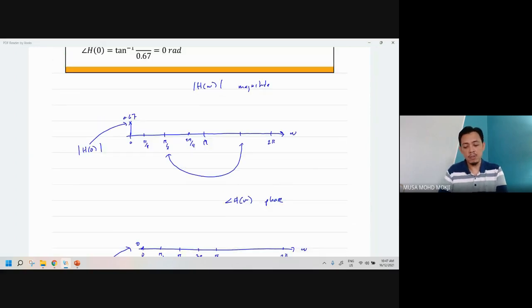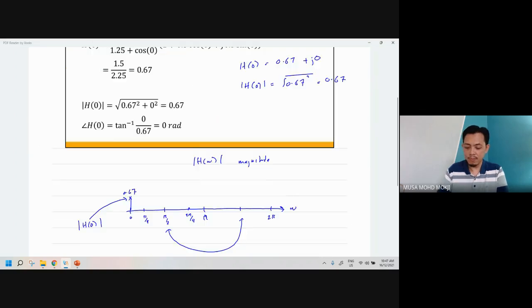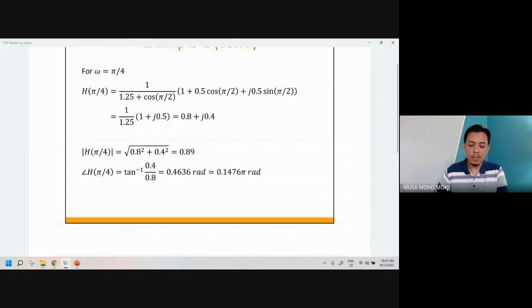Okay, so let's go next. We will try to find when omega equals pi over 4. So for omega equals pi over 4, again replace that omega with pi over 4. Then we're going to solve the same equation. So this is the real part, this is the imaginary part. Plug in pi over 4.